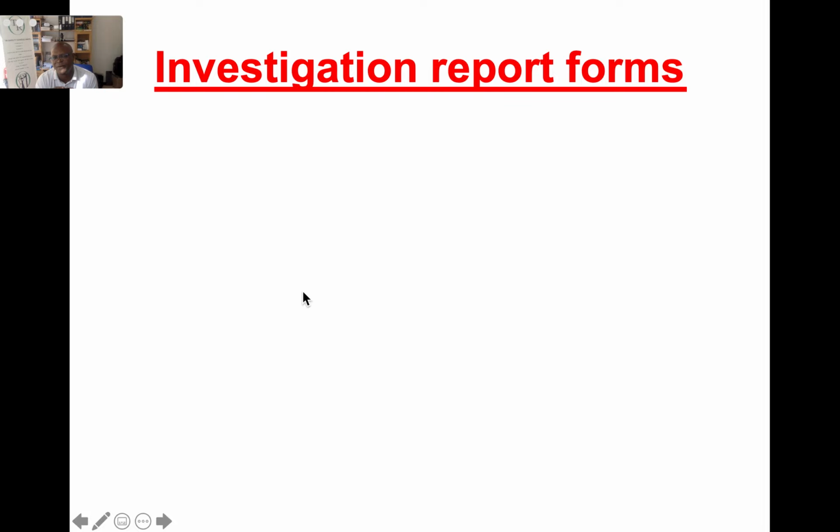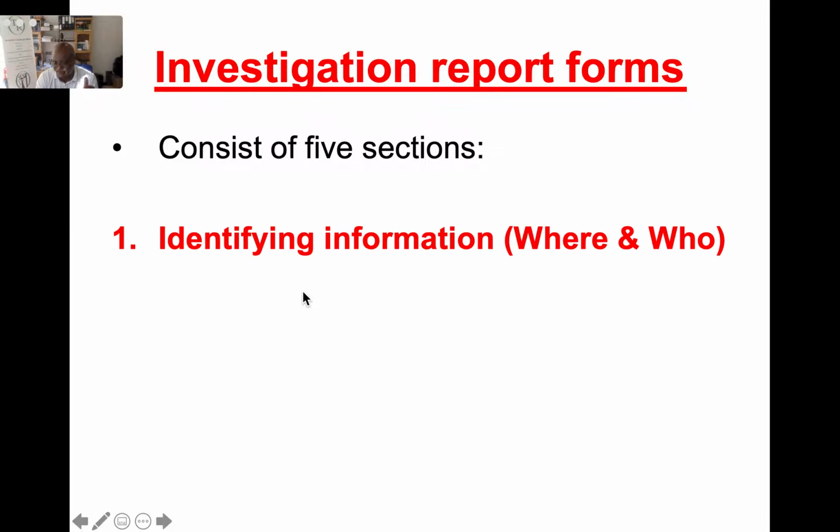Which sections are those? You can have many, but these 5 sections should always be there because they are very critical. For example, the first section, section number 1, we need the identifying information in your report. Otherwise, you can't write a report without identifying who was involved and where did it happen. So we need this information.